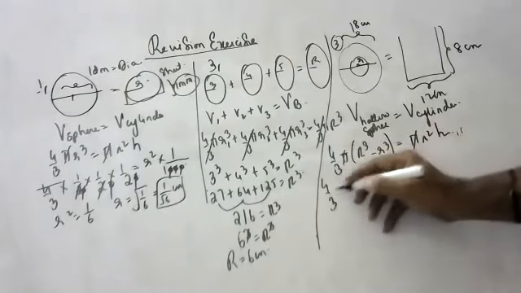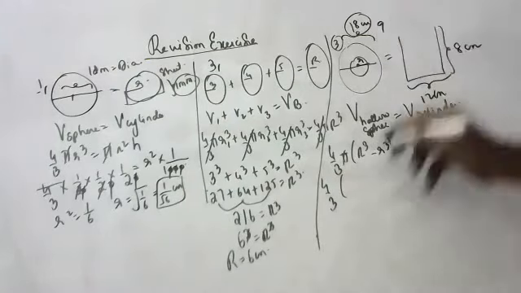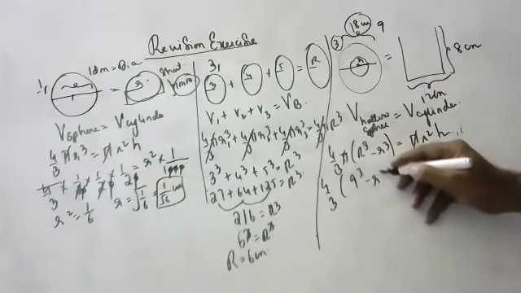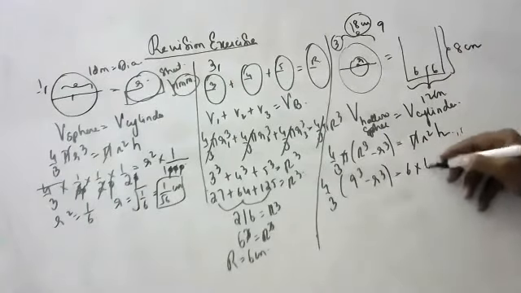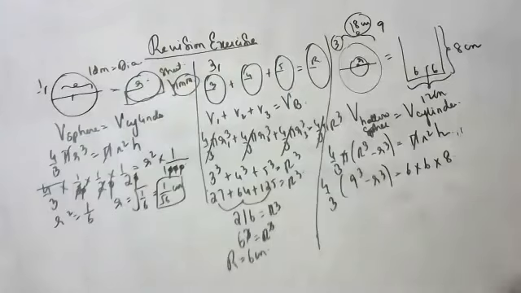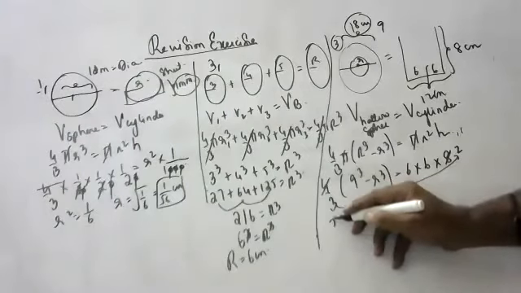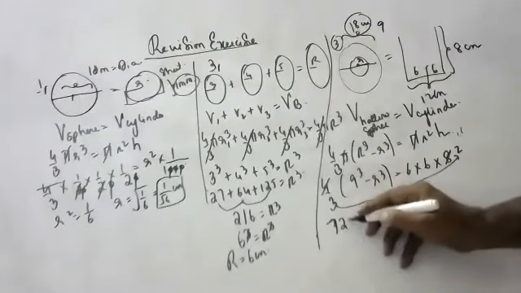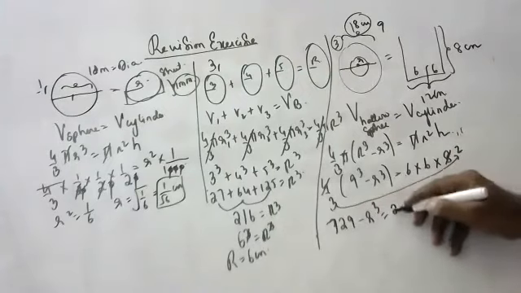Okay, pi cancels. Bigger R is 18 by 2, that is 9. 9 cube minus small r cube equals 6 into 6 into 8. 4 2s are 8, 3 will come here, 3 2s are 6. 9 cube is 729 minus r cube equals 216.